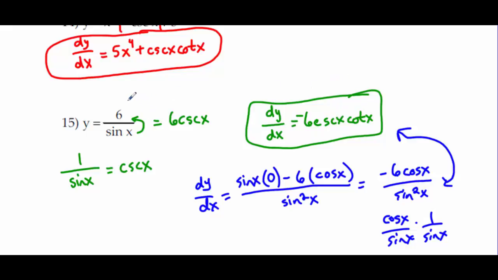So if you can brush up on those reciprocal functions, that 1 over sine x is cosecant x, 1 over cosine x is secant x, 1 over tangent is cotangent, then if there's a problem like that on the test, it would be way easier to move it up and do it that way than to use the quotient rule. And the answer looks nicer if you ask me. As a mathematician, this is a better answer than this. But hey, it's whatever.